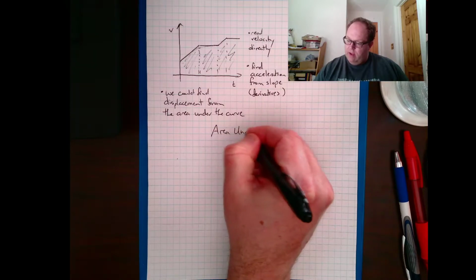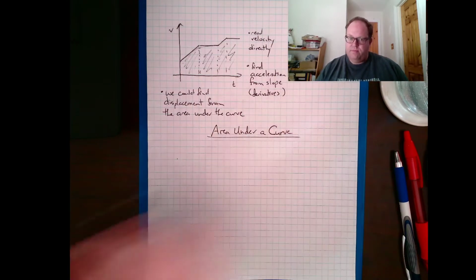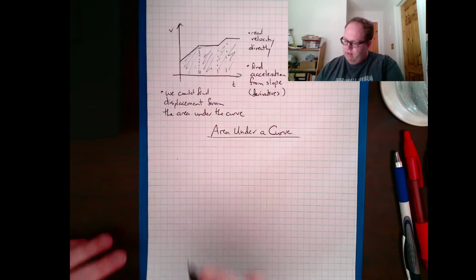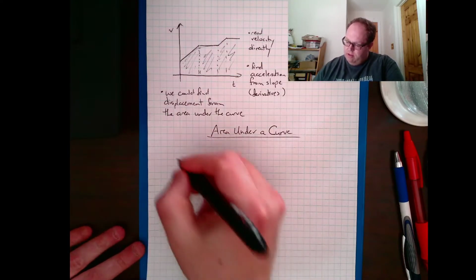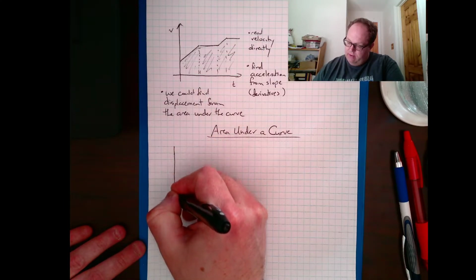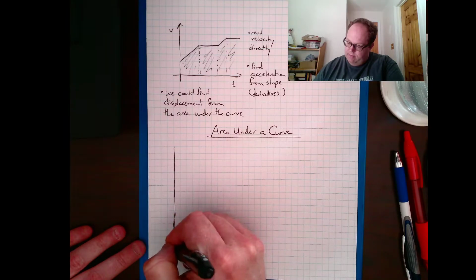Area under a curve, and we'll talk about a means of finding the area under a curve. We're going to start with a pretty straightforward curve, one that you're all a bit familiar with, at least should be, the basic quadratic y equals x squared. I'm going to give myself a nice big graph to work with here.